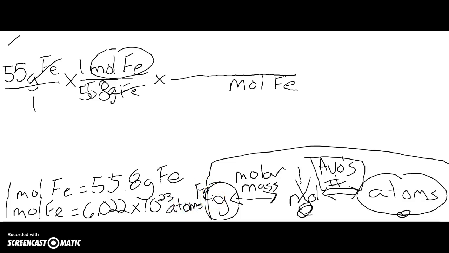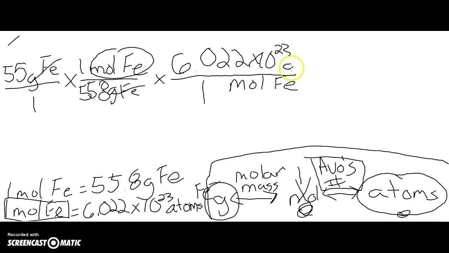So moles of Fe is down here, and my conversion factor is right here. So I need a 1 there. And on top is going to be 6.022 times 10 to the 23 atoms Fe. Moles of Fe crosses off here and here. And now we're just left to do the math.